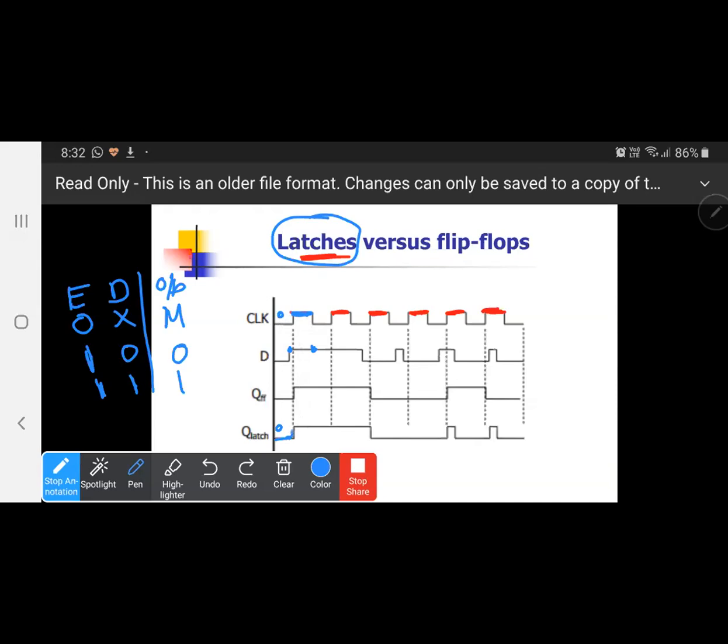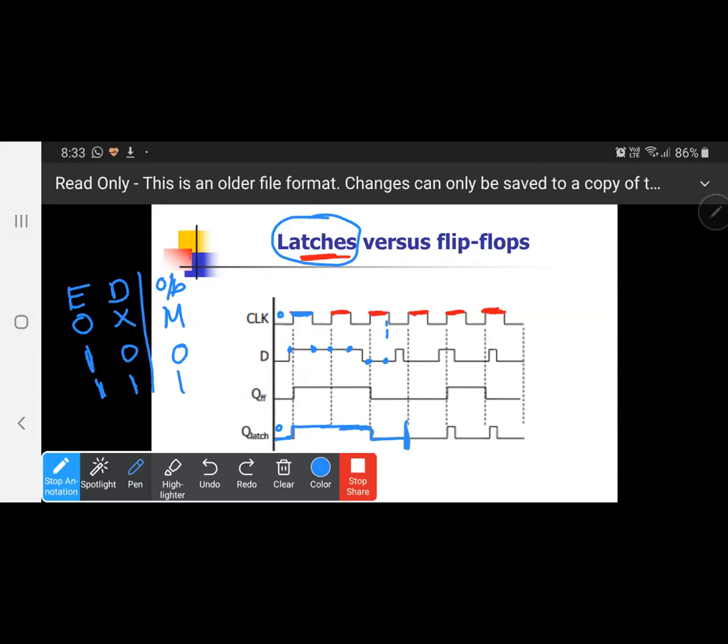So that's why it's 1 till the next. Now for this instant from here to here, what is the value of D? 1. Again, it is 1 till the next. Now for this instant from this point to this point, what is the value of D? 0. So till the next, it will be 0.